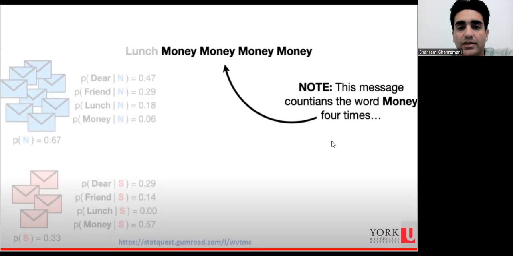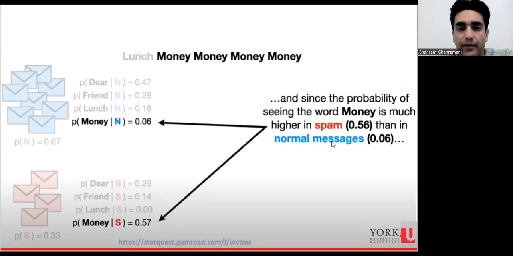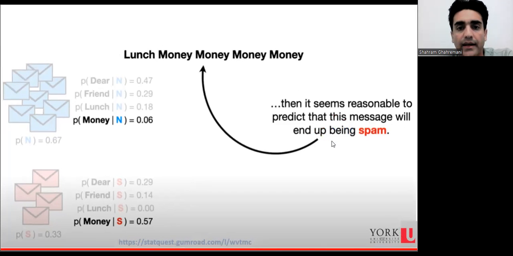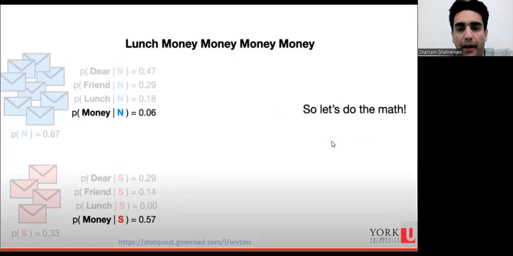Note, this message contains the word money 4 times. And since the probability of seeing the word money is much higher in spam, 0.56, than in a normal message, it seems reasonable to predict that this message will end up being spam.